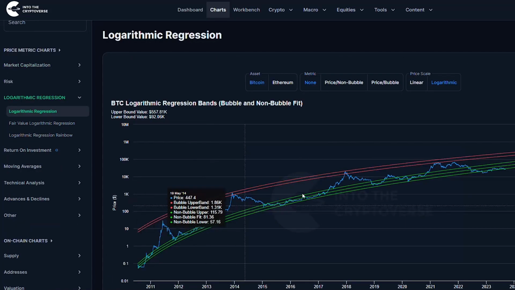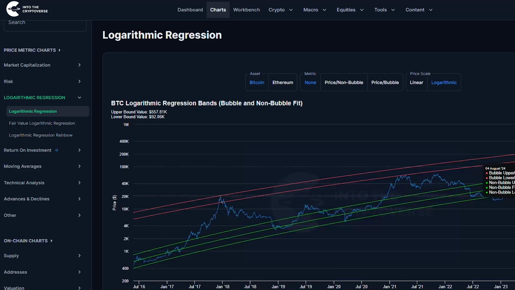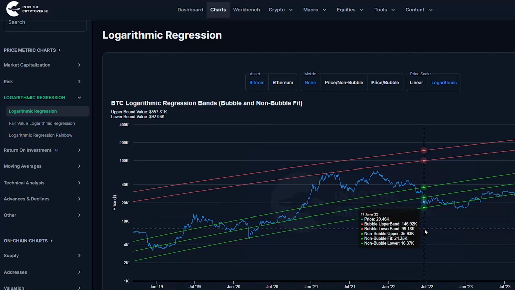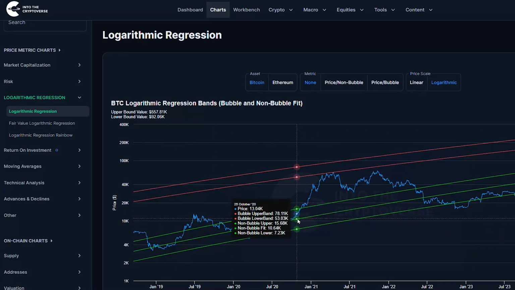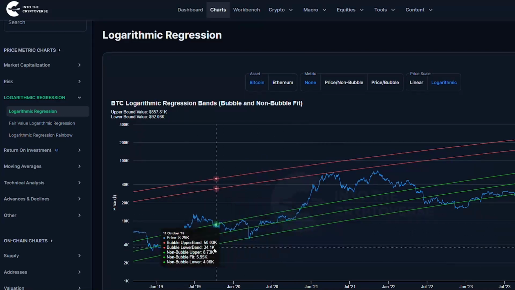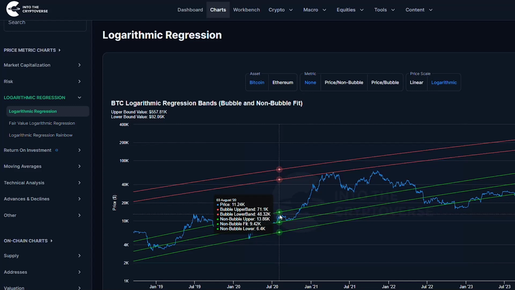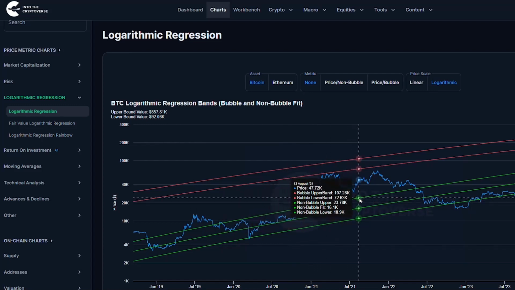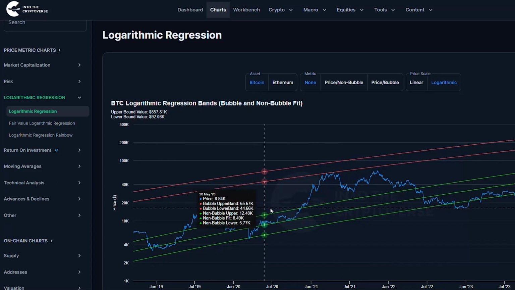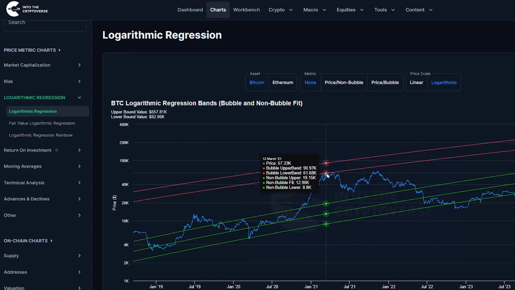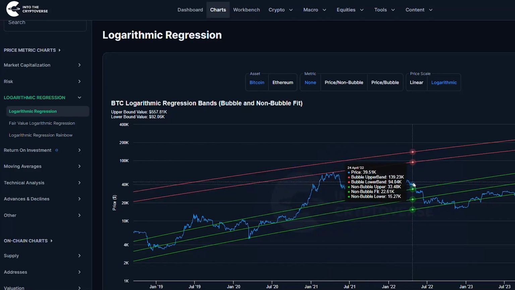We can also take a look at the logarithmic regression bands. This one is also for free, and the same thing goes on here. I zoom in a little bit, let's say only from 2019, and let's say you would again only DCA in the parts where the price of Bitcoin moves under this green, which are basically the non-bubble prices, and anywhere where the price of Bitcoin would be above this non-bubble upper band, you would either just wait a little bit for higher prices, or you would start to DCA out of the market.